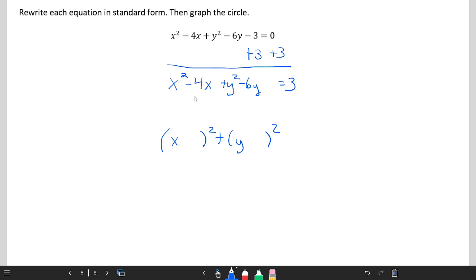So what we're going to do is we're going to add a number right here, and that will give us a trinomial for the first part. We'll have x squared minus 4x plus a number, and then that is going to factor to be x minus something squared. Similarly, we're going to add a number here so that y squared minus 6y plus that number factors to be the square of a binomial as well.